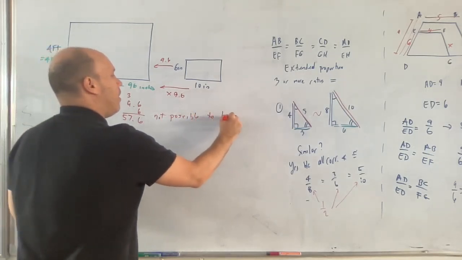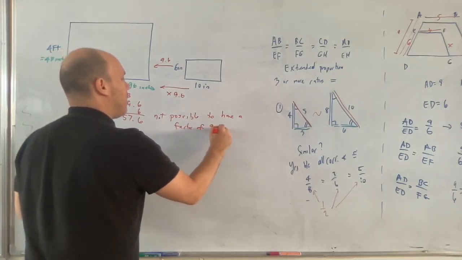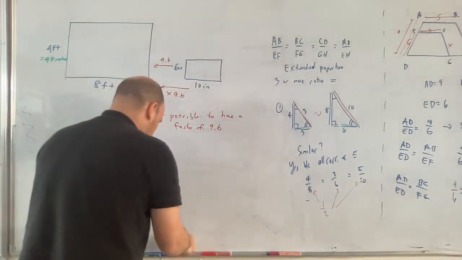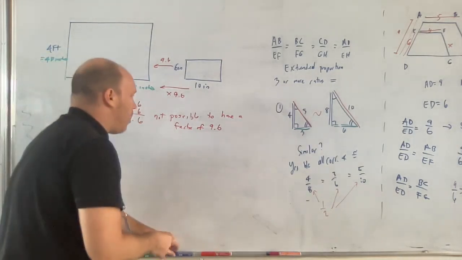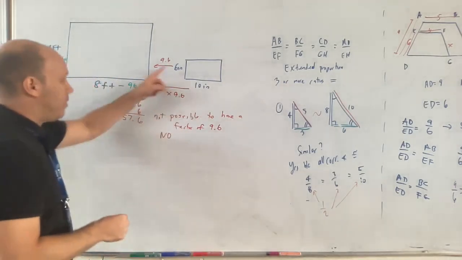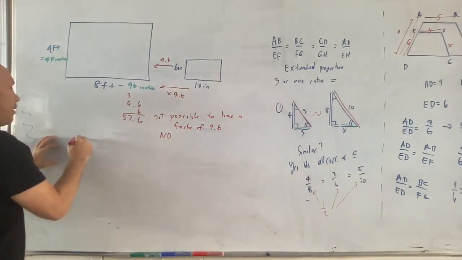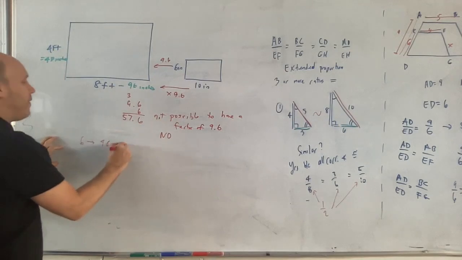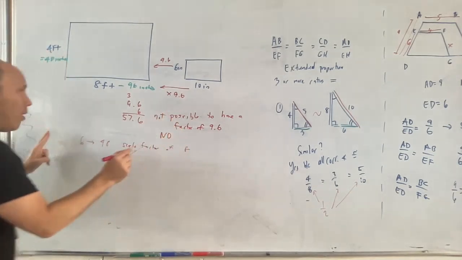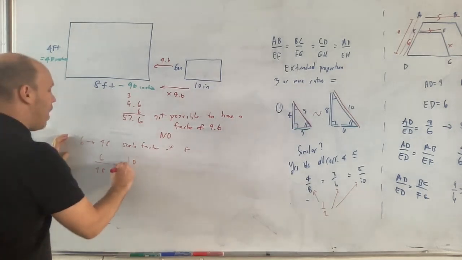So it's not possible to have a factor of 9.6. Let's try the other way. Let's try to go from 6 to 48, with a scale factor of 8. If 6 goes to 48, then where's 10 going? To x.